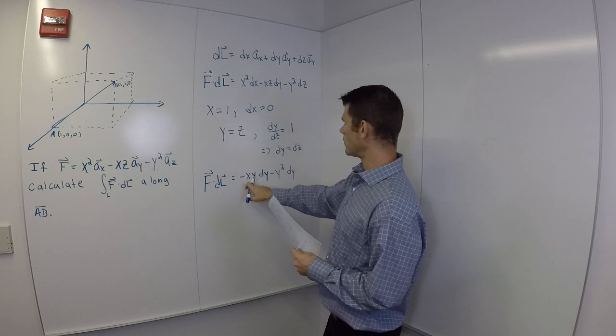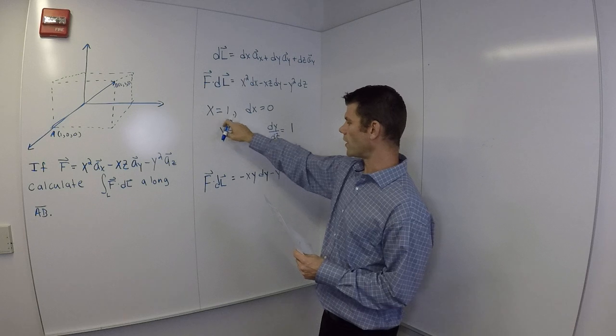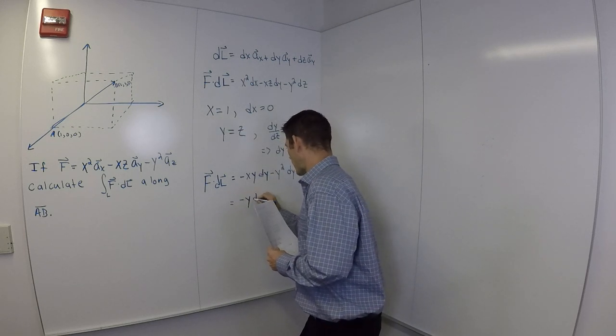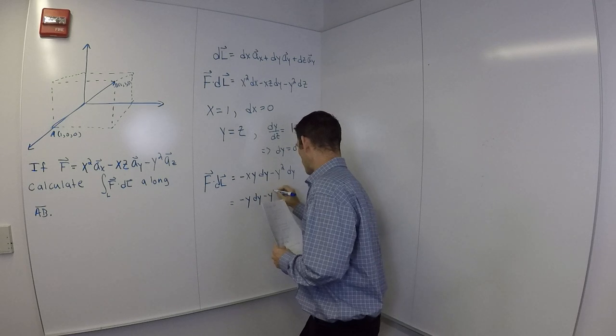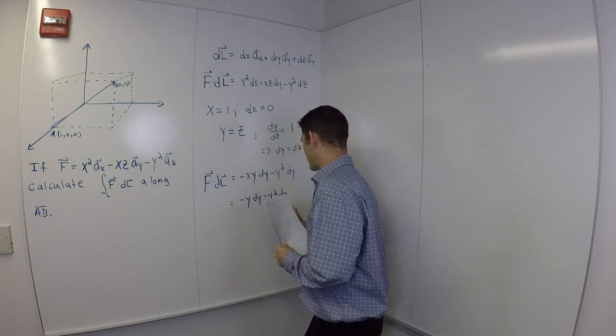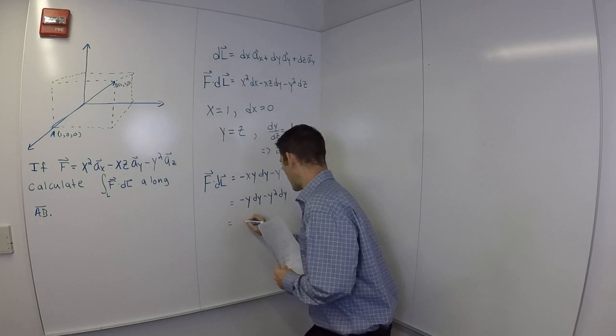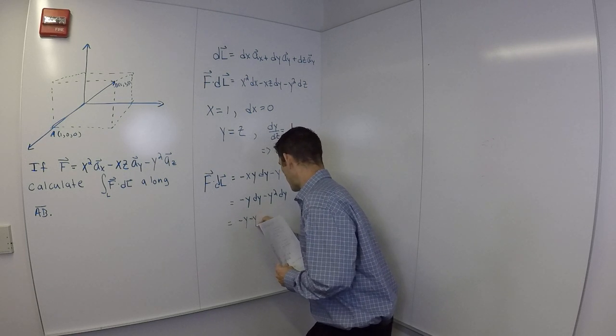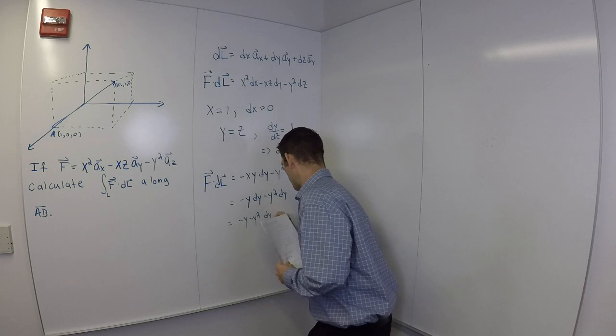And then we can also make use of the fact that x is equal to 1. So we can simplify this a little further. So we have minus y dy, minus y squared dy, and then we can factor out the dy, and we simply have minus y squared dy.